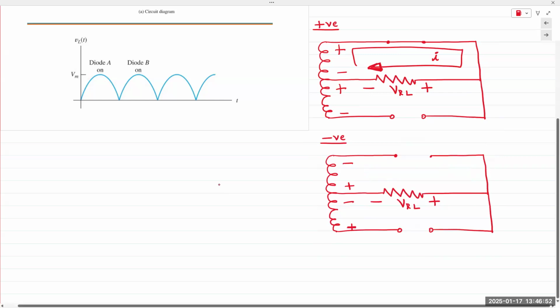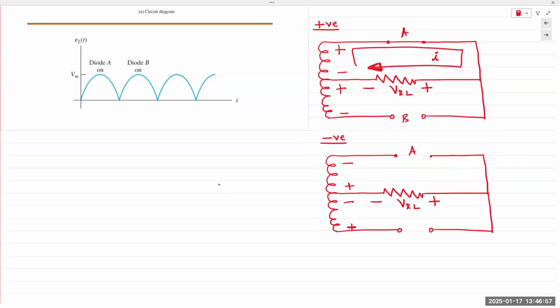Diode A is now reverse bias, so it's off. And diode B is now forward bias, so it's on. Current flows through this direction. And current is flowing in the same direction for both positive and negative half cycles through RL. Hence, it causes a voltage drop polarity in the exact same direction.